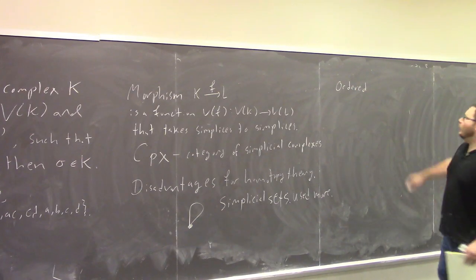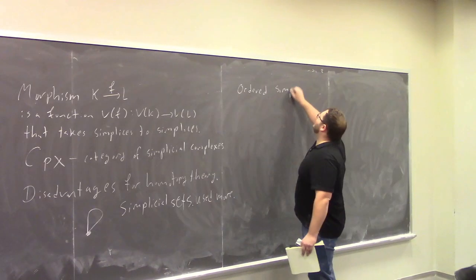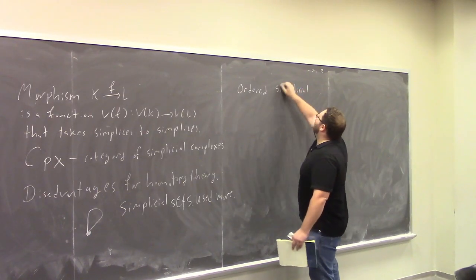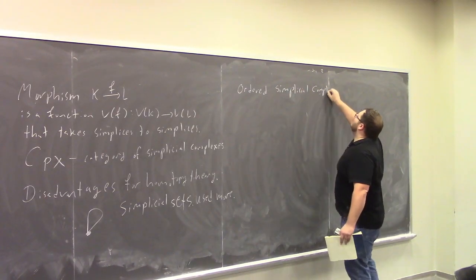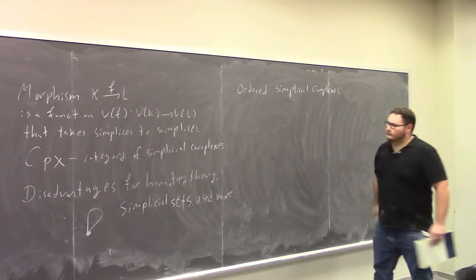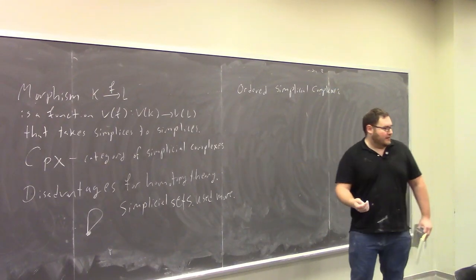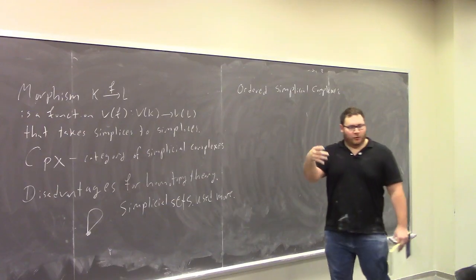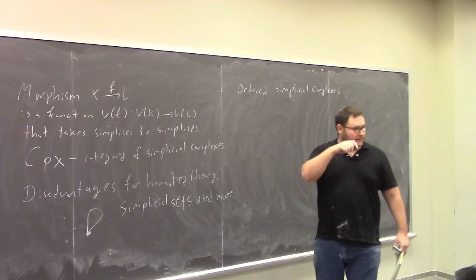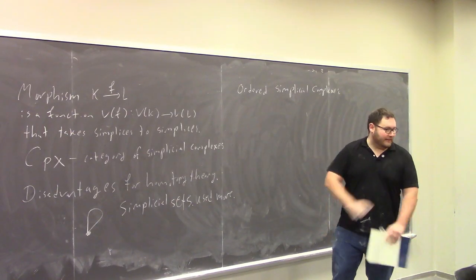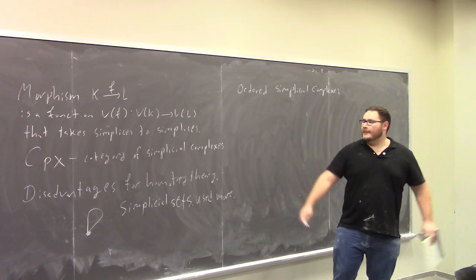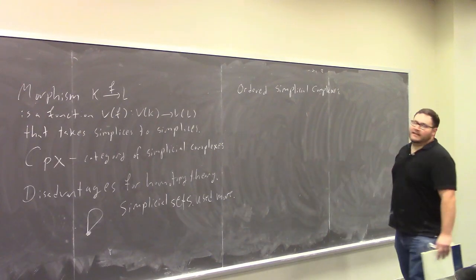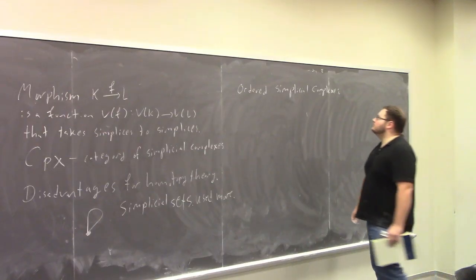We also have ordered simplicial complexes. So if I have a simplicial set, the face maps give me a total ordering on all of the simplices, right? Simplicial complexes have no ordering on them at all. Ordered simplicial complexes are something in between.